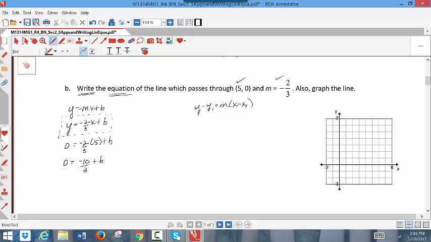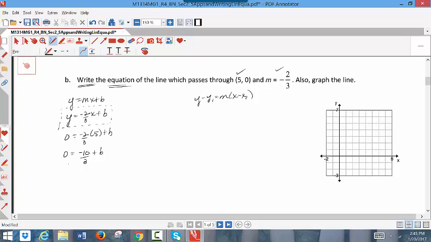And then when I add 10/3 to each side of the equation, my b is 10/3. So now my equation, taking this 10/3 and placing it back into my box, where my answer is, I have y equaling negative 2/3 x plus 10/3. There's my equation.